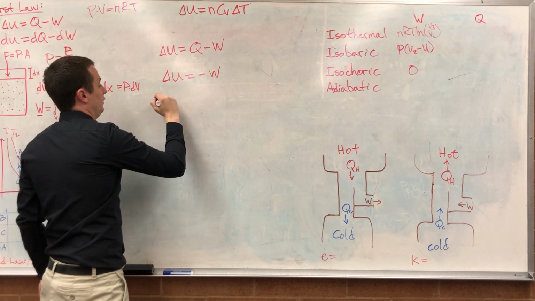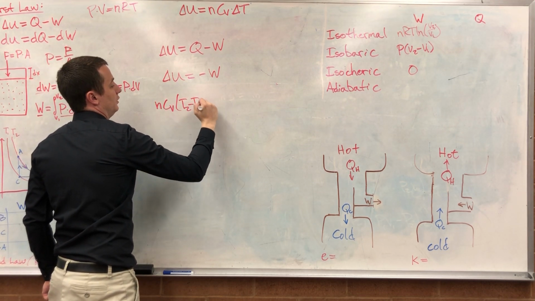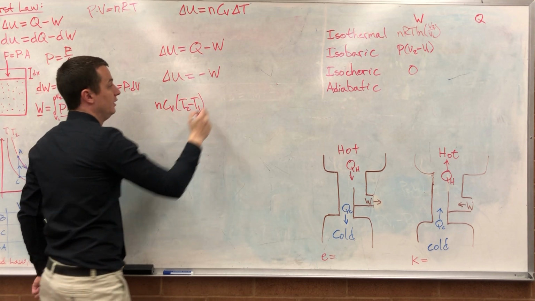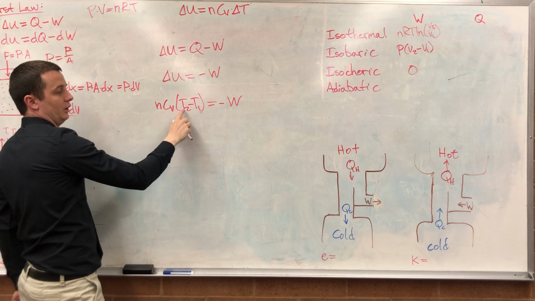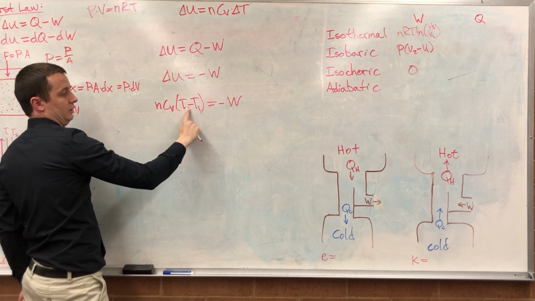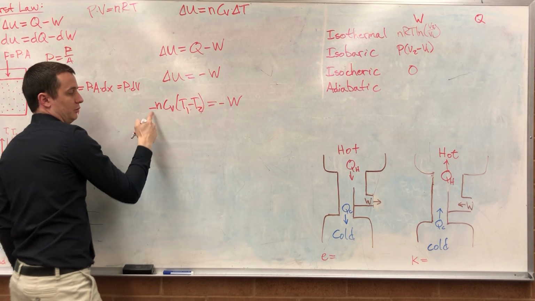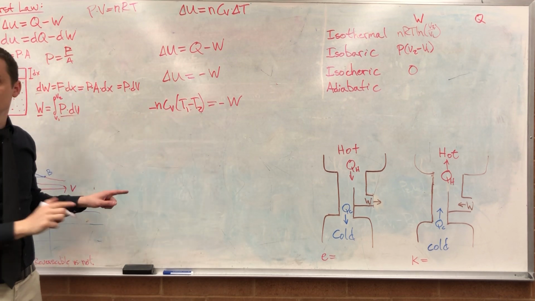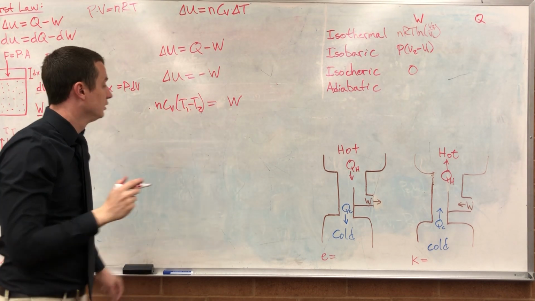Delta U here is nCV times T2 minus T1, which is equal to negative work. So work is equal to nCV times T1 minus T2, since changing the order of these is the same as putting a negative out front, and then I can get rid of the negatives on both sides. And so there's my work.